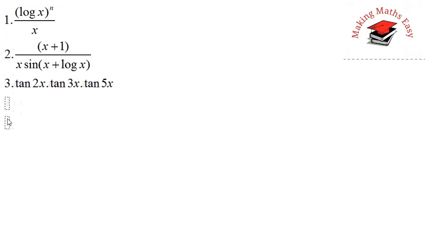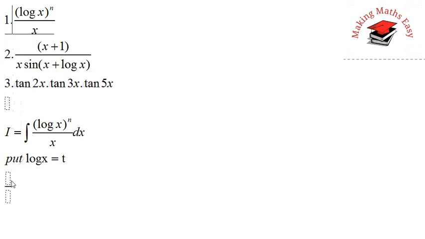Let capital I be the integral of this function, dx. Now we will use the substitution property. Put log x equal to t, and then 1 upon x dx equals dt.